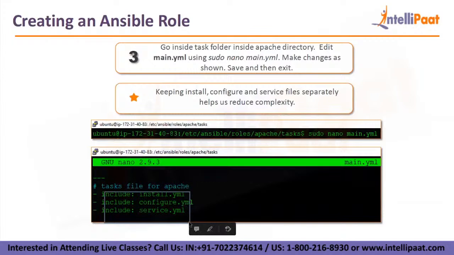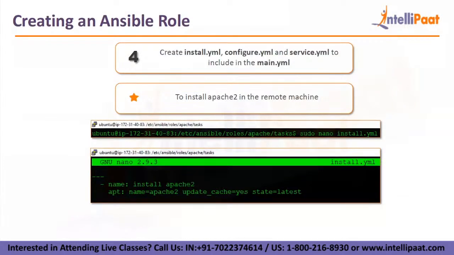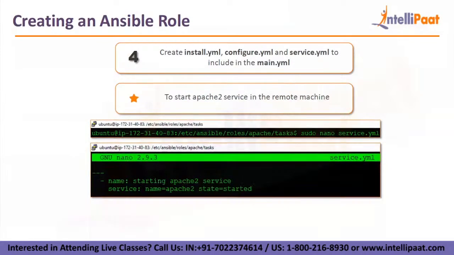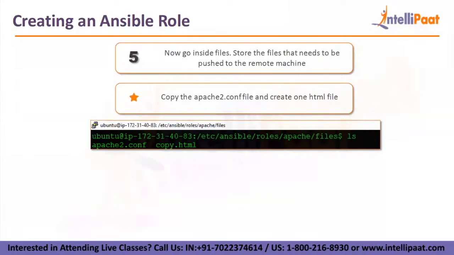I can put everything in one task file, or I can include multiple YAML files in the tasks. In the tasks we have written what exactly we want to do. We are installing the package, copying the file, starting the service. Then we are creating the files which need to be copied to the remote machine. Under the files folder, we are copying some files over there.